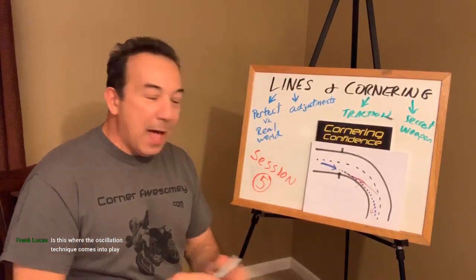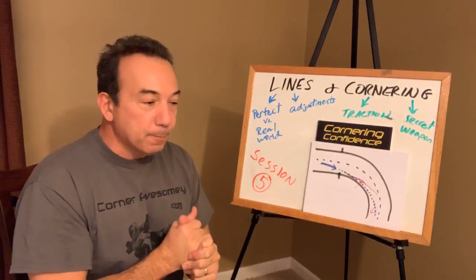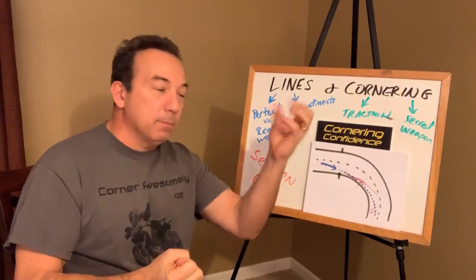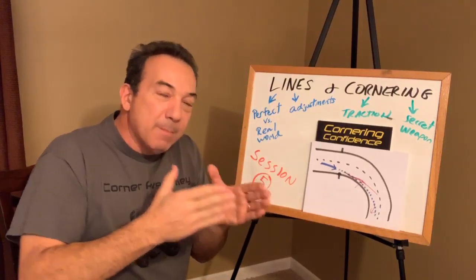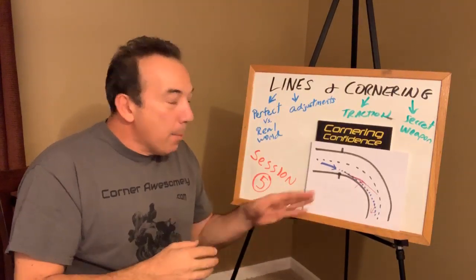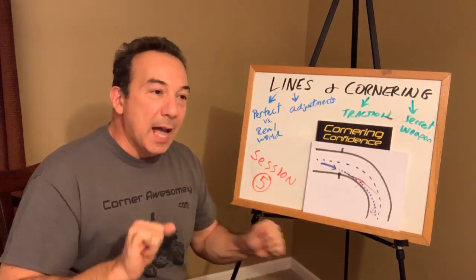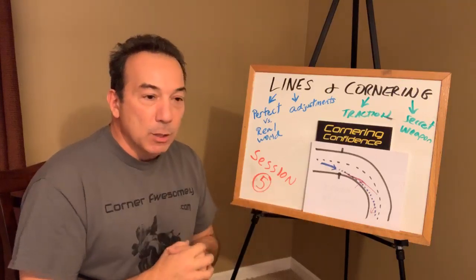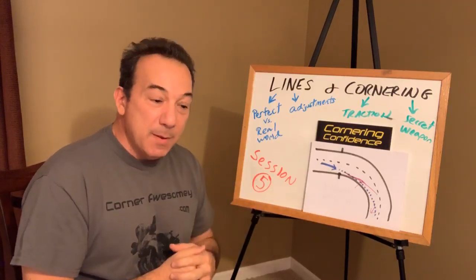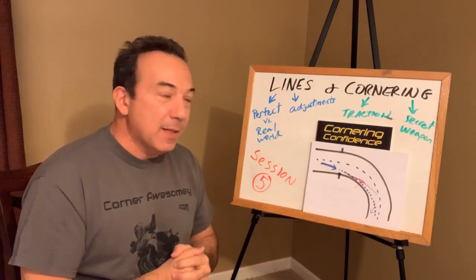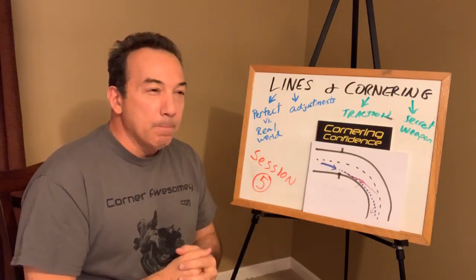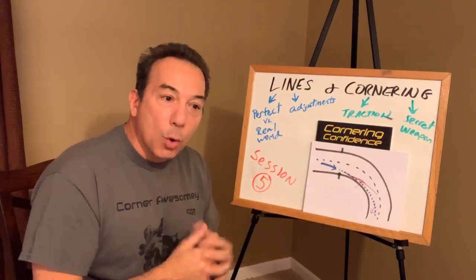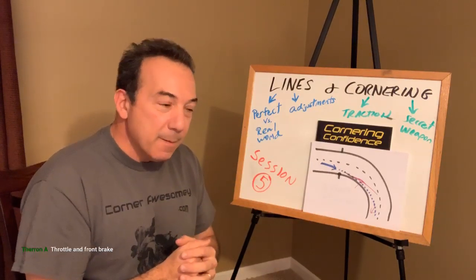A lot of what's in my program is basic knowledge that I've brought in to make my specific formula. But this particular maneuver, the oscillation maneuver, is something that I feel is maybe a little bit proprietary, something that I have brought to the forefront as a skill that expert cornering people should think about.